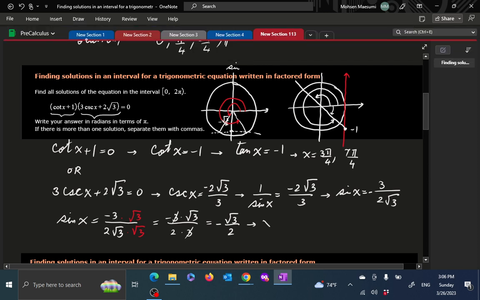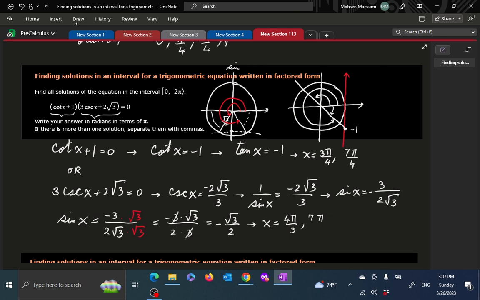So the x that I get, this smaller angle is 60 degrees, pi over 3, and adding pi gives me 4 pi over 3. This is again pi over 3, subtracting it from 2 pi.